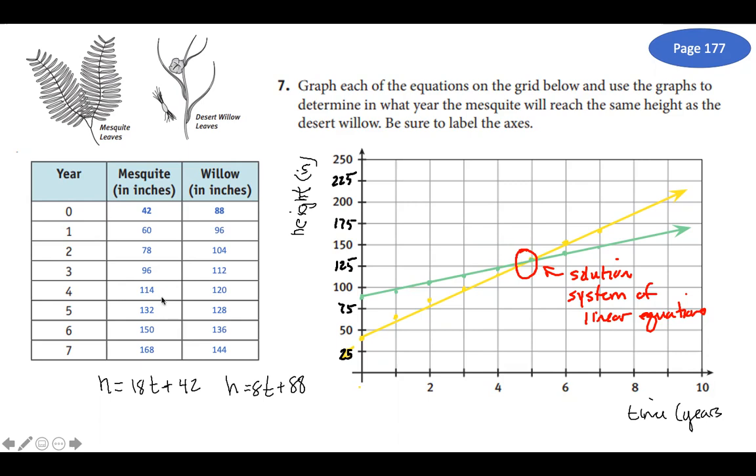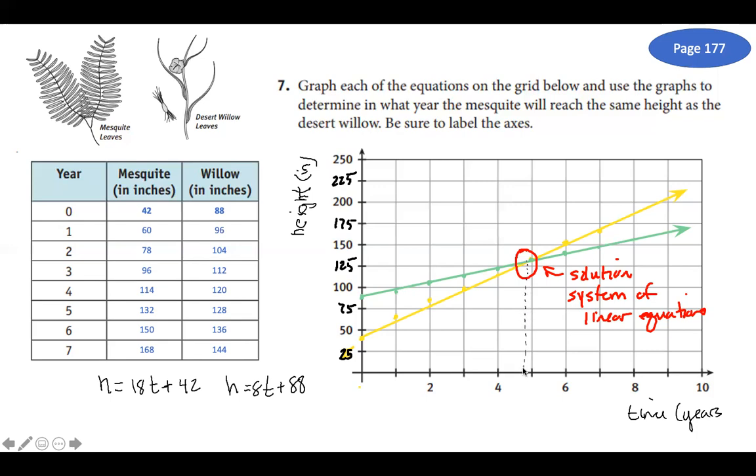Let's check the table. So at 4 years, the mesquite tree is shorter, and at 5 years, the mesquite tree is taller. So somewhere between 4 years and 5 years, they were exactly the same height, right? So there should be some time in here. Let's stick with that.